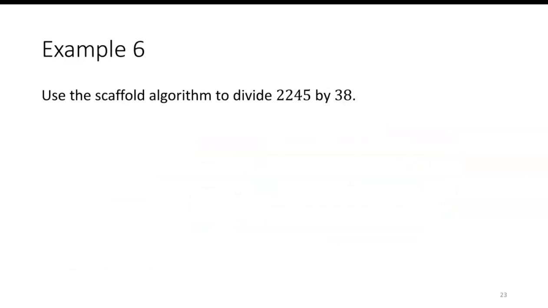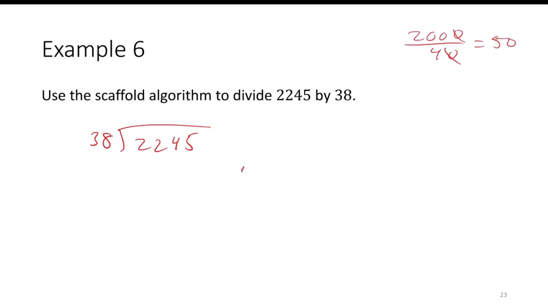What if we want to do 2,245 divided by 38? Well, I know 2,000 divided by 40 comes out to be 50. So let's start there. I take 50 times 38.